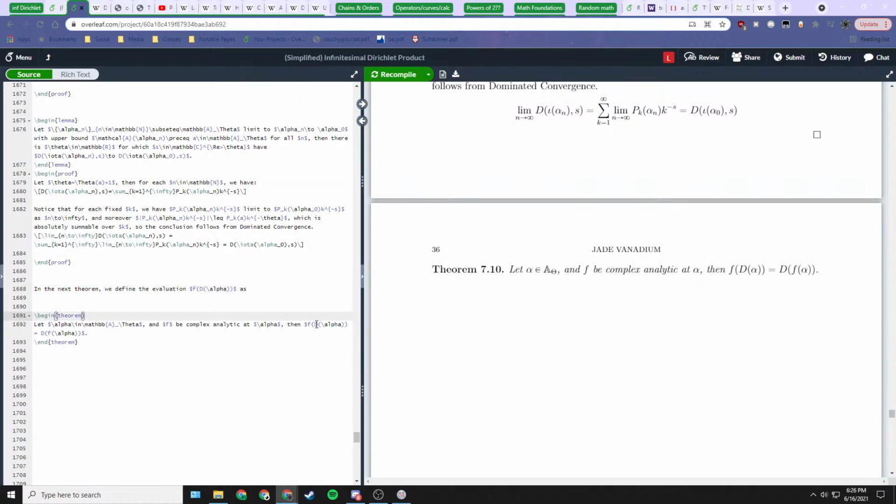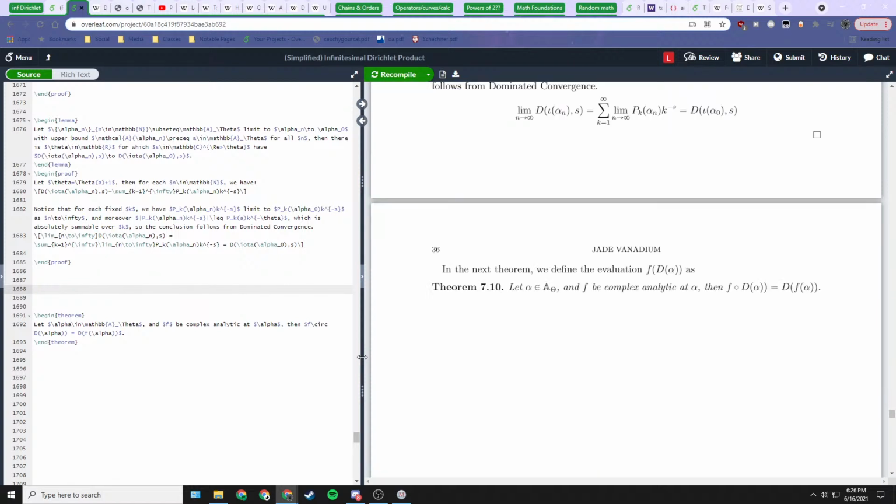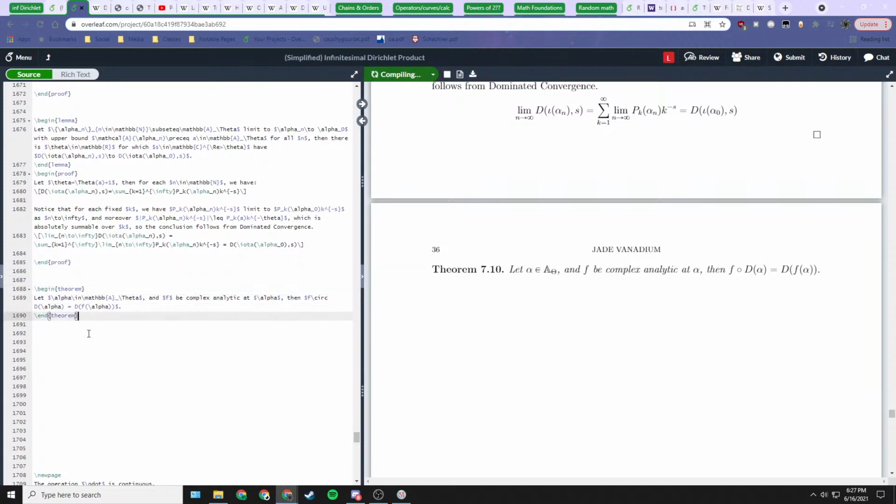I think this should technically be a composition, f composed with d alpha. I think that's fine, because in the sense that d alpha is an equivalence class of functions, this would just be pointwise composition. Okay, and that's a little better. I think we're not going to be able to prove this today, because we need a rather complicated result.